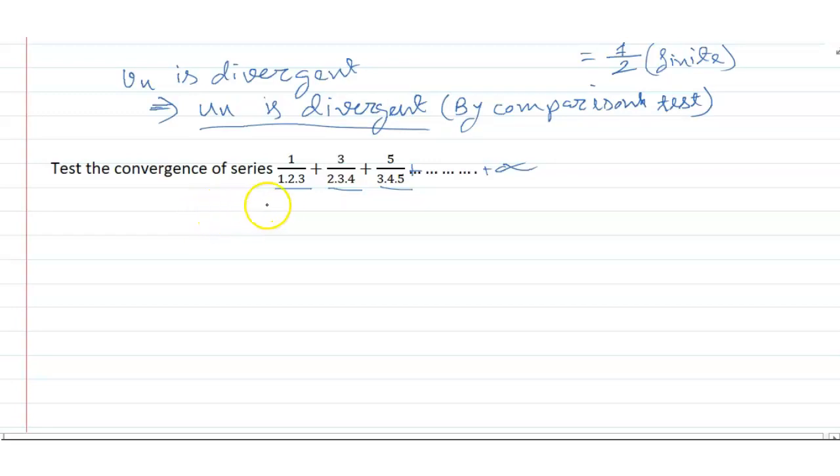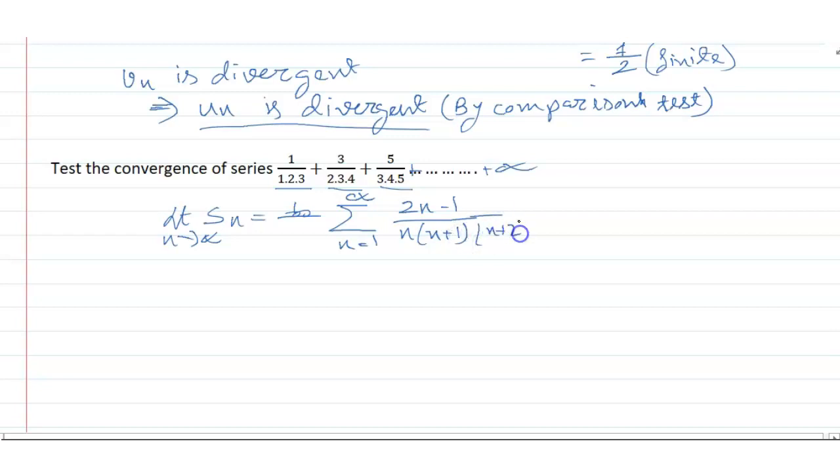If you see this equation, it can be written as Sn, limit n tends to infinity, Sn is equal to summation n equals 1 to infinity, it can be written 2n minus 1 over n into n plus 1 into n plus 2.